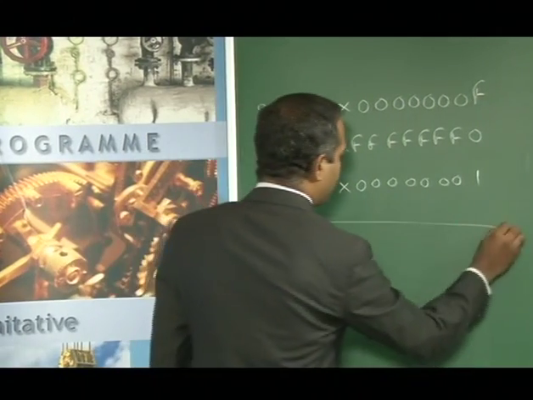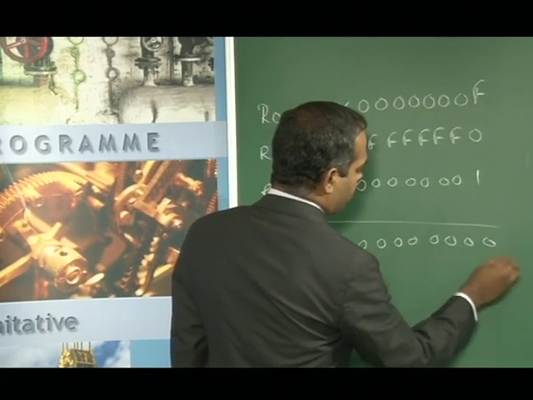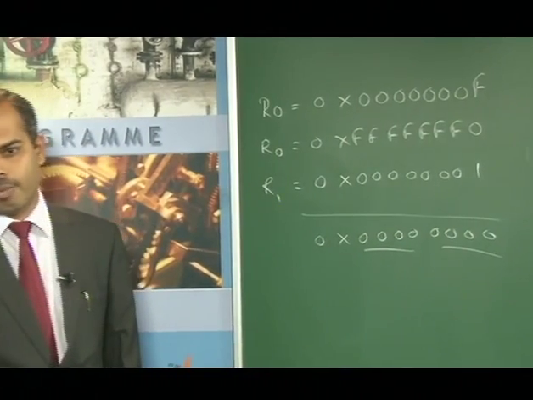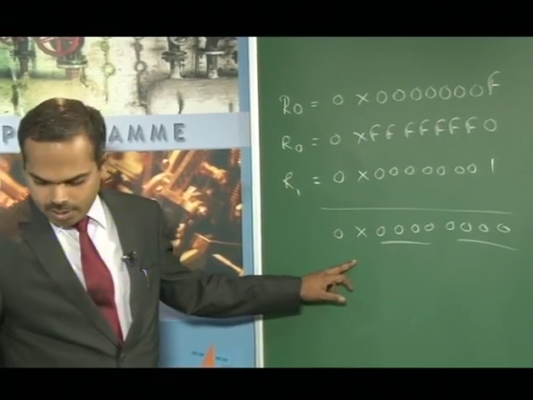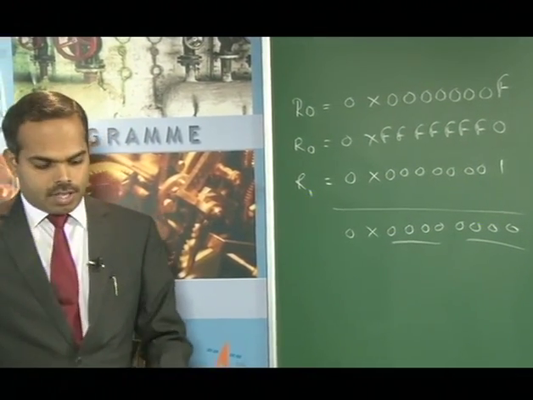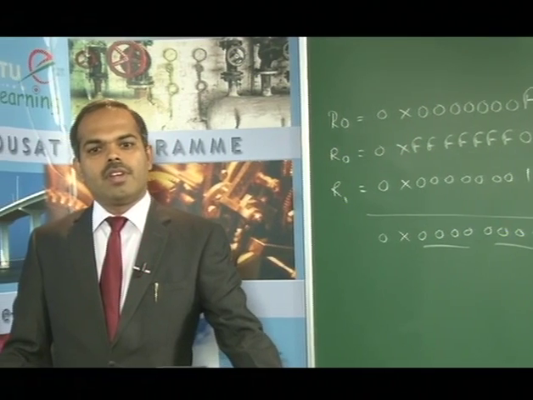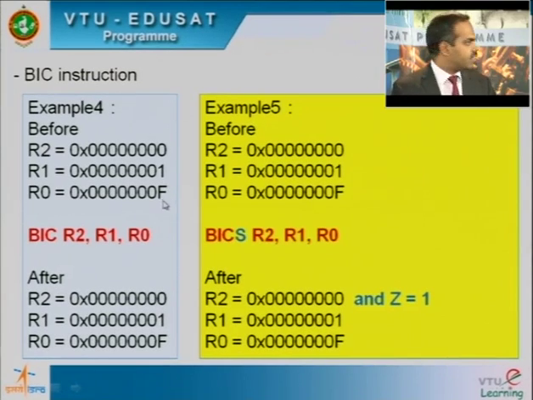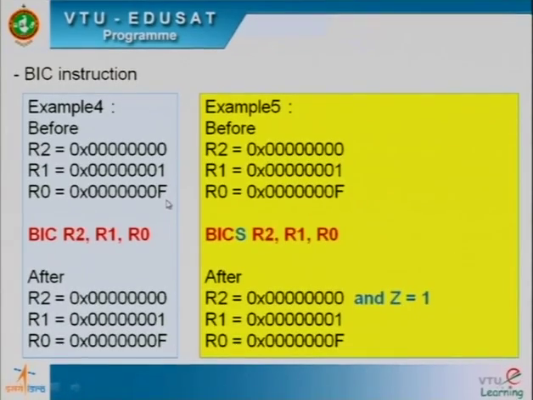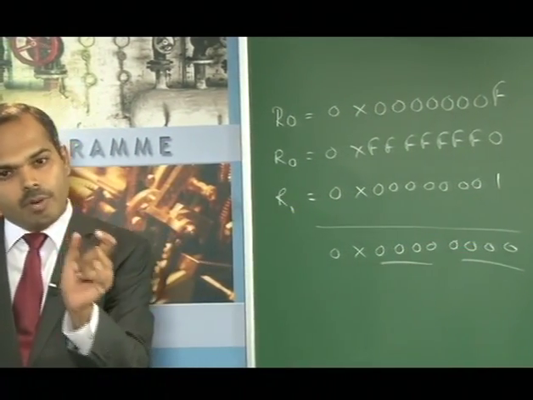If you look at this, when you do logical AND on this, the result is nothing but 0, 0, 0, 0, 0 because of the logical AND operation. This example is taken to show that the BIC instruction, the logical bit clear instruction, takes the ones complement of R0 and then ANDs it with the content of R1. The resultant of this is 0 because R0 holds the lower nibble as 0.